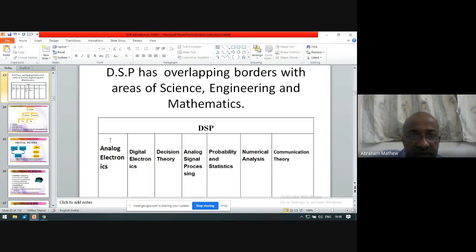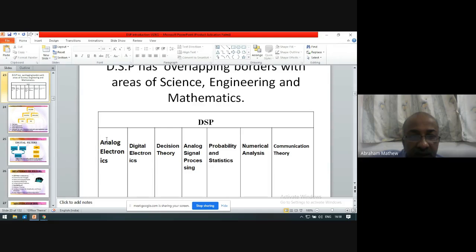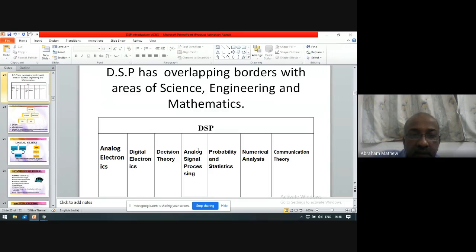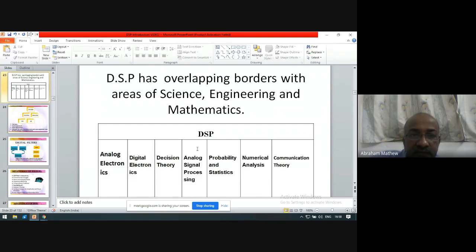These overlapping areas are analog electronics, digital electronics, decision theory, analog signal processing, probability and statistics, numerical analysis, and communication theory. These are all sharing boundaries with DSP.